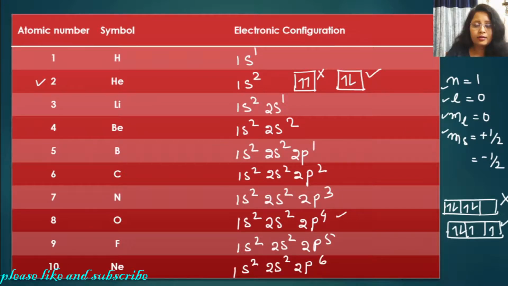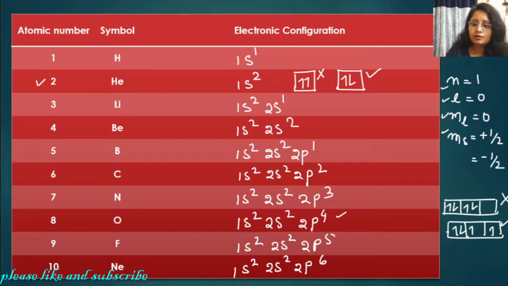Why? The reason is given by Hund's rule of maximum multiplicity. The electrons will first take separate orbitals. When all the orbitals have one electron, then the coming electron will go for pairing.